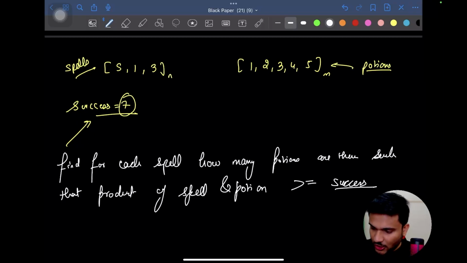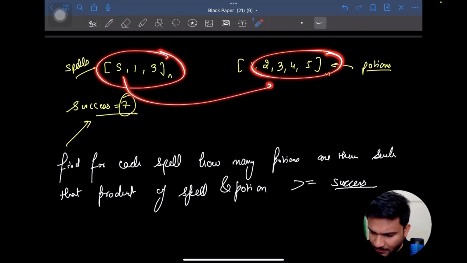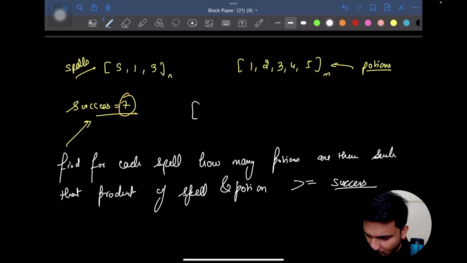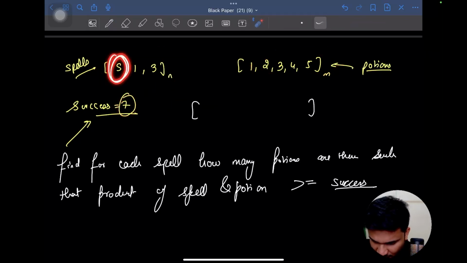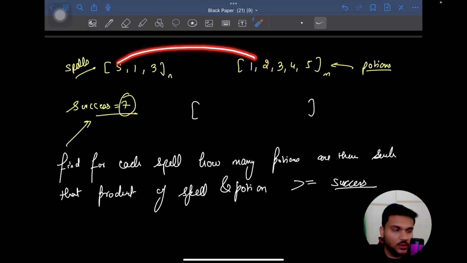For example, you need to find for each spell how many potions are there such that if you take the product, the value will be greater than or equal to 7. So for this spell having a value 5, how many potions are there such that the product is greater than or equal to 7? Is 5 into 1 greater than or equal to 7?